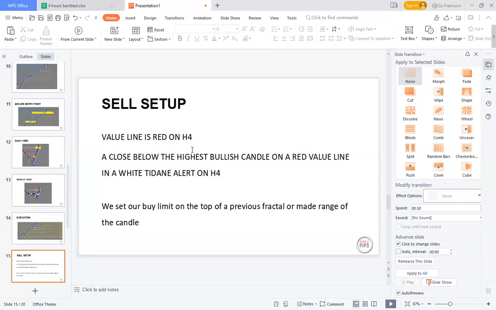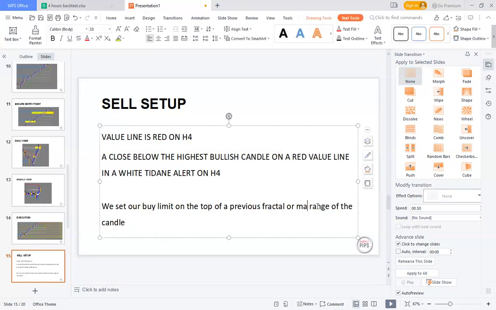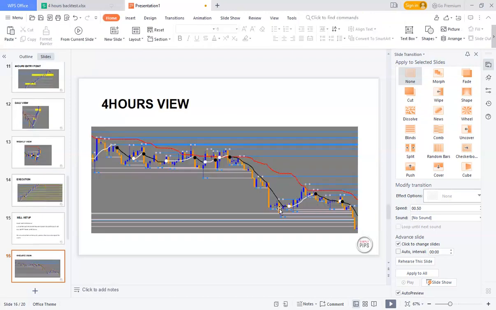Value line is red on H4. We close below the highest bullish candle on a red value line in the white to get an alert on H4. We set our limit on top of the previous fractal or mid-range of the candle.